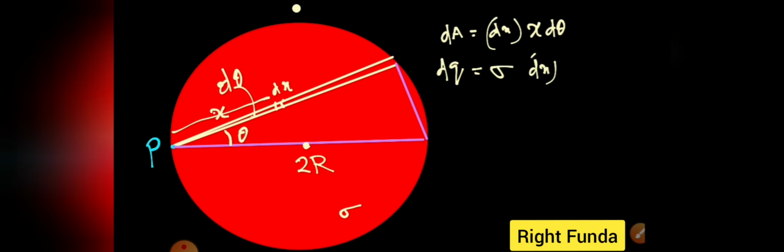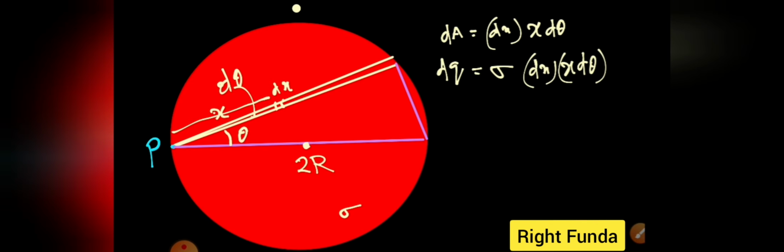So the area is dA equal to dx into x d theta. The charge I have considered, dq, is sigma, the charge per unit area, into dx into x d theta.